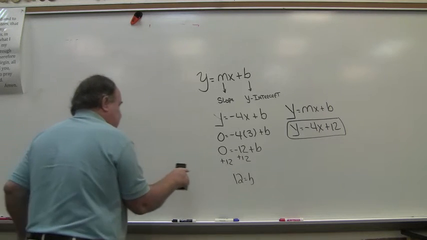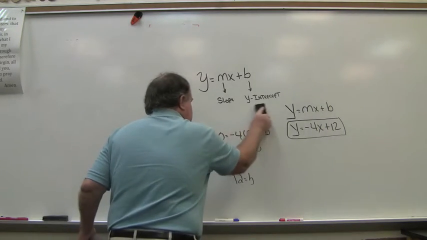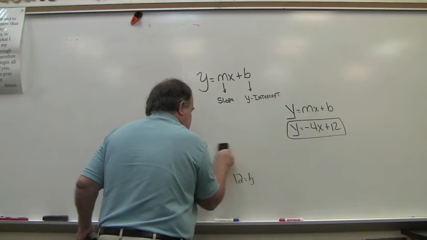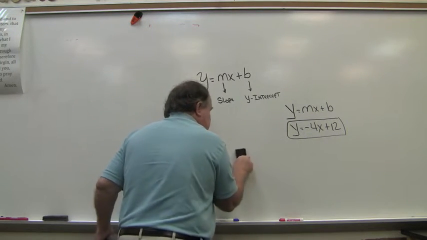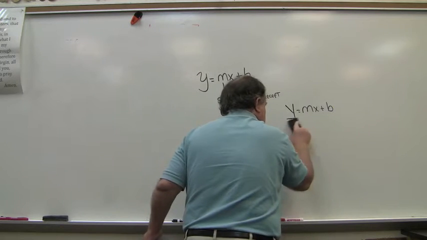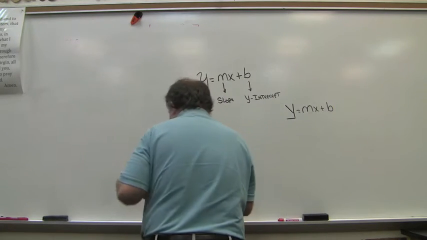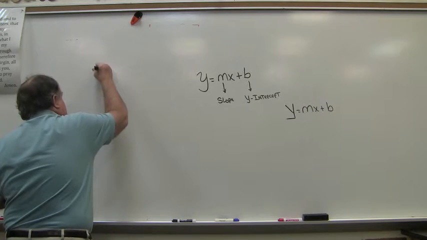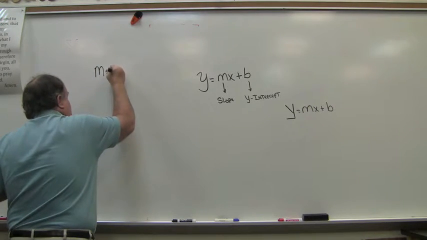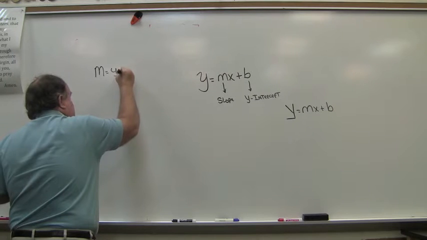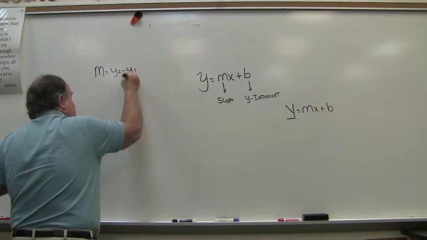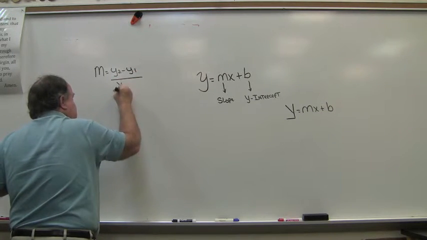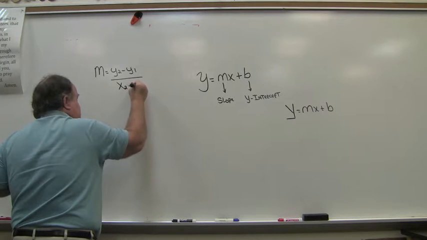The slope formula is y2 minus y1 over x2 minus x1. So over here I'm going to write our slope formula. We write m, which represents our slope, equals y2 minus y1 over x2 minus x1.